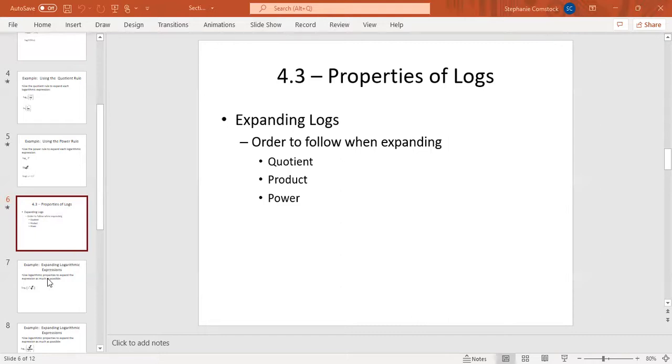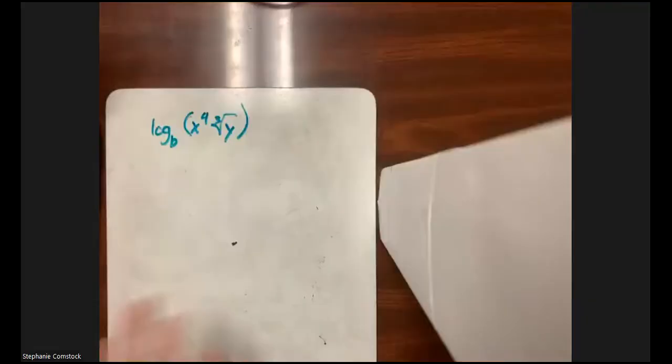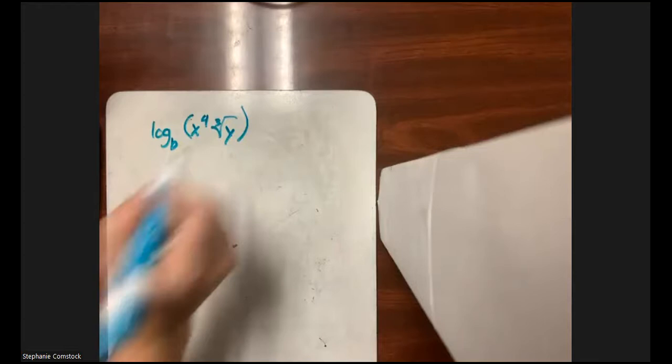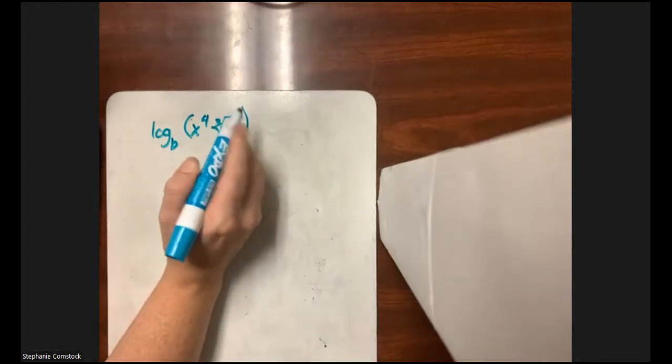Okay, so we're going to take a look at this first one. They want us to expand this as much as possible. So we've got log base b of x to the fourth cube root of y. So I'm going to pull this up on our whiteboard. First things first, before I do anything else, I look at this cube root of y.